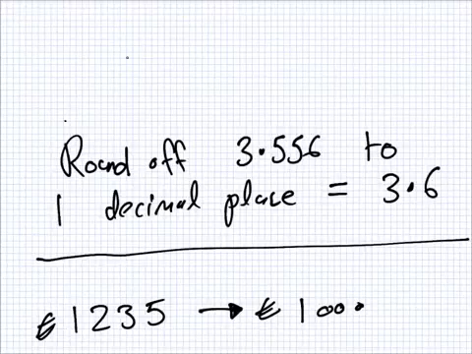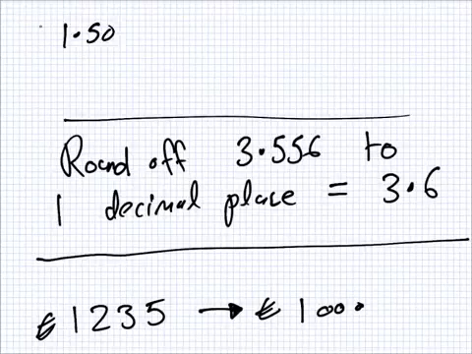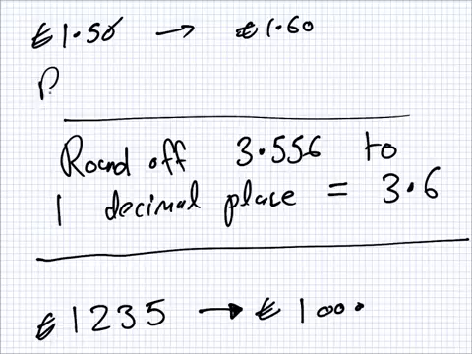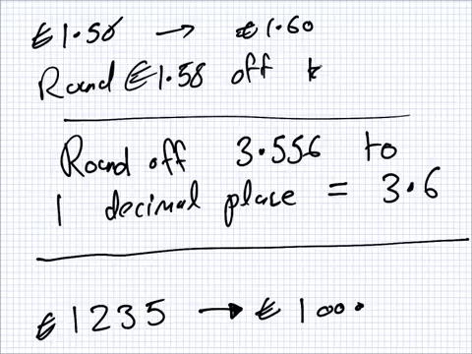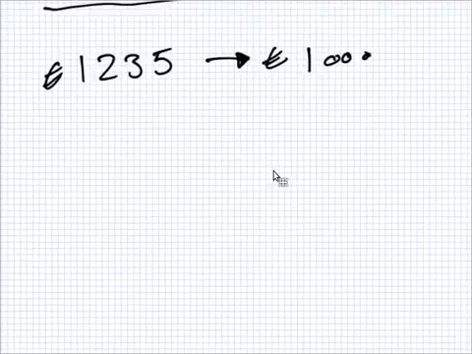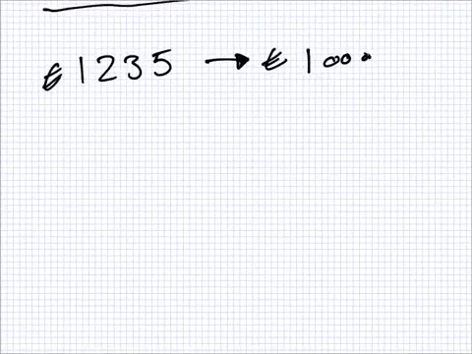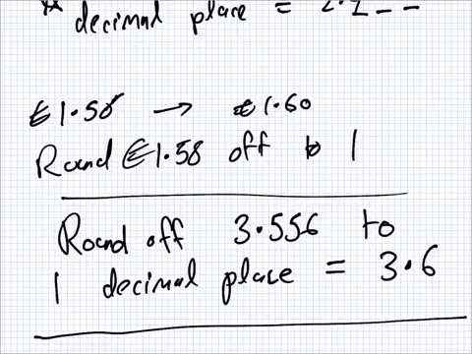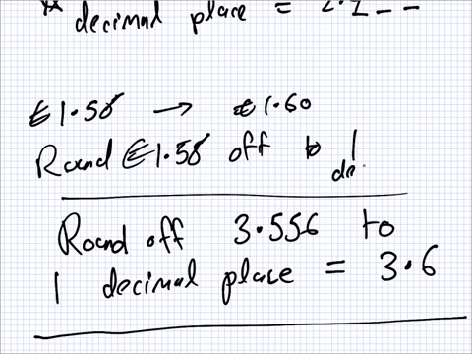Like here, if I have €1.56 and I change that to €1.60, the teacher said round €1.56 off to 1 decimal place.